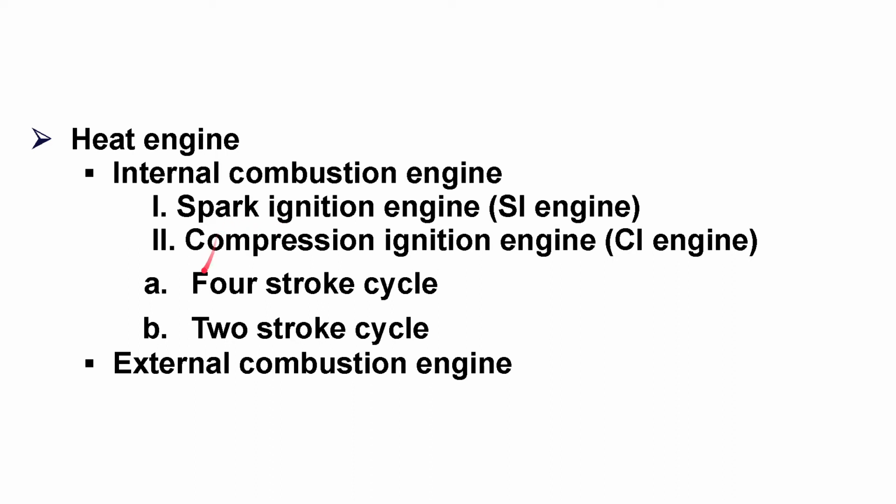While in a compression ignition engine, we generally use diesel, which has a relatively lower auto ignition temperature, hence with a larger compression ratio of around 15 to 20, we can easily auto ignite the fuel, so we do not require an external spark to ignite. I'll define the 4-stroke and 2-stroke later.